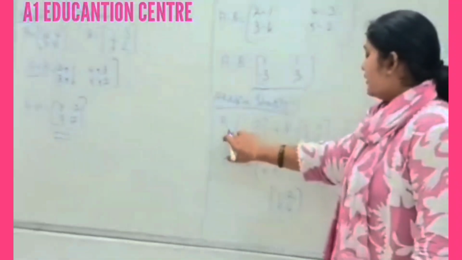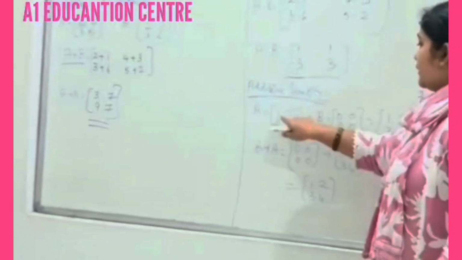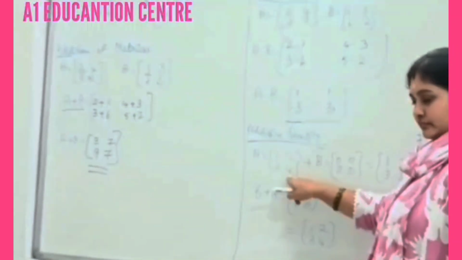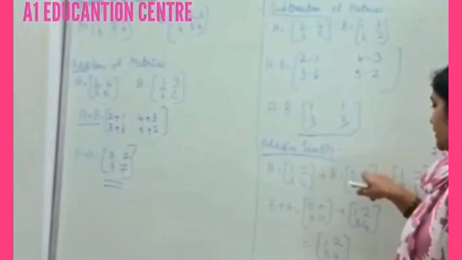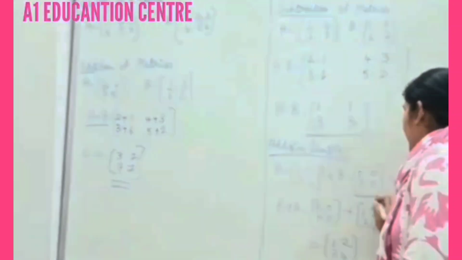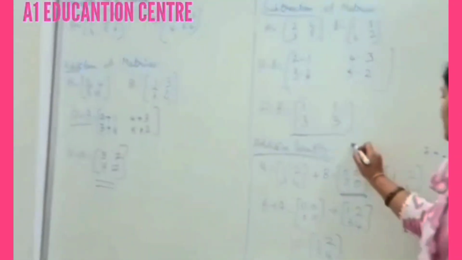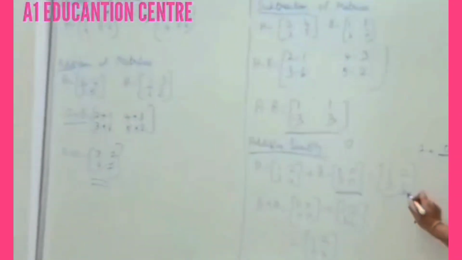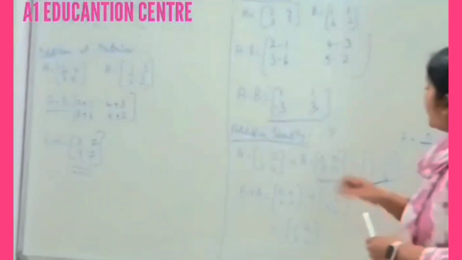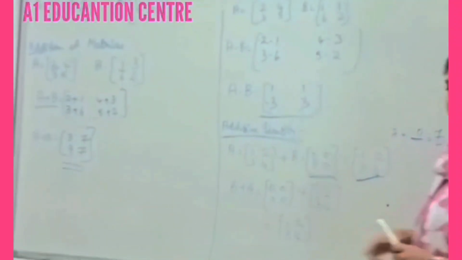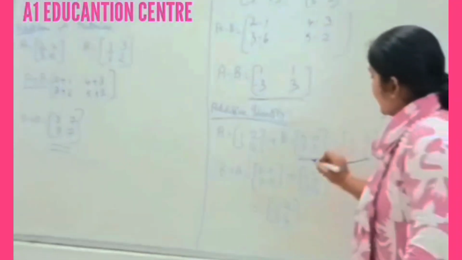So now A is what? A is given as 1, 2, 3, 4. Plus B is equal to A. B's value you don't know over here, it is a question mark. You should get the same answer, so you're going to add zeros in between. What do you mean by zeros?